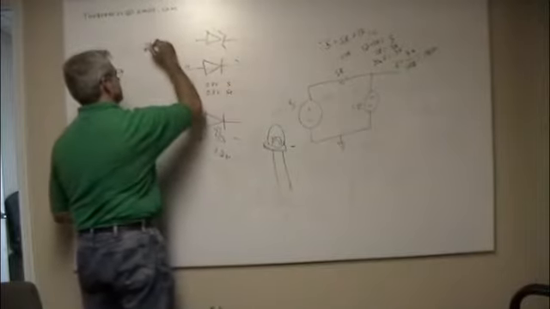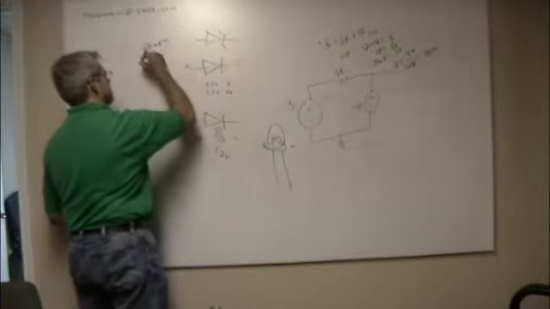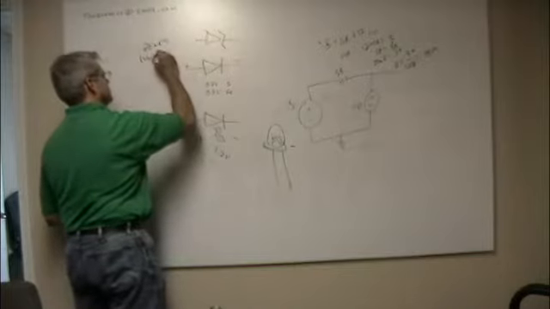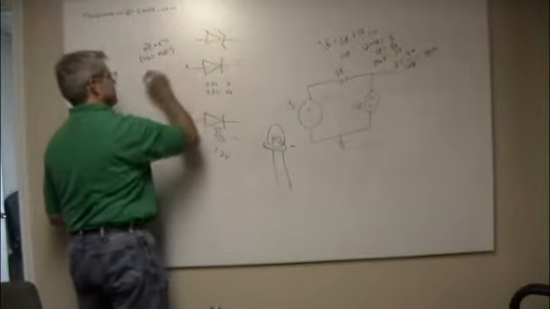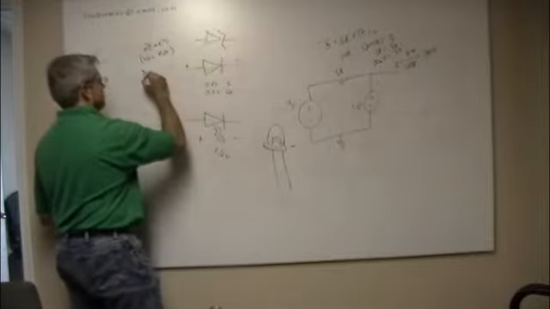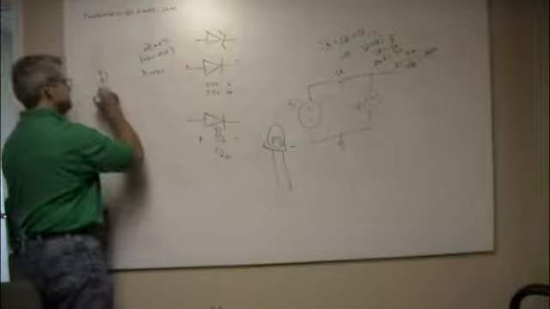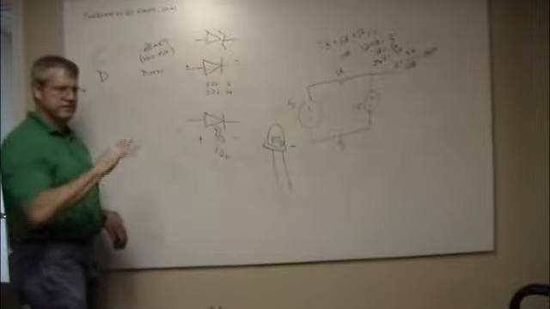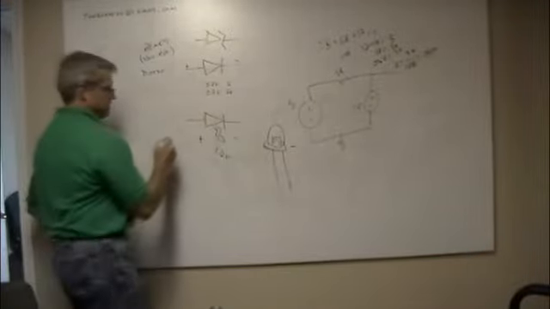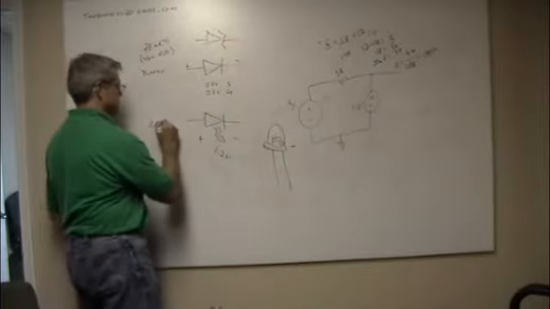Zener, sometimes people call them the voltage reference diode, just a standard diode. This is the way they look. The symbol is usually D, D1, D2, D3 when you're doing a schematic. This is an LED.